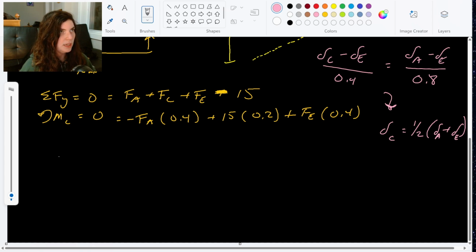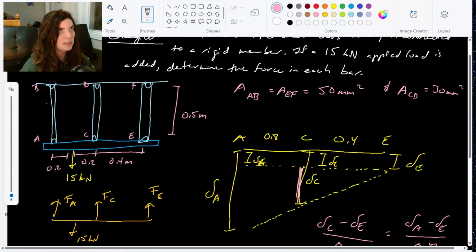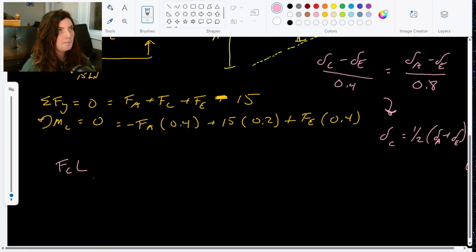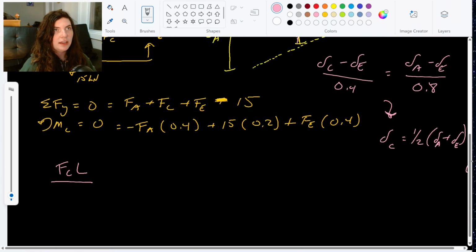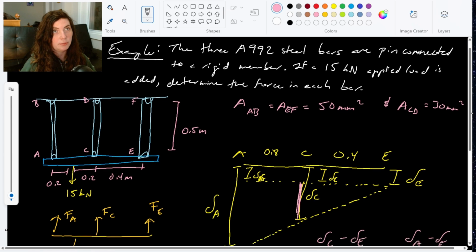So that will give me FC times the length. We'll notice that they're all the same length, I believe. They all start with this initial length of 0.5 meters. And they're all made of A92 steel, so they all have the same modulus of elasticity. The only thing different is their areas. A and E have 50 millimeters squared, but C has 30 millimeters squared.